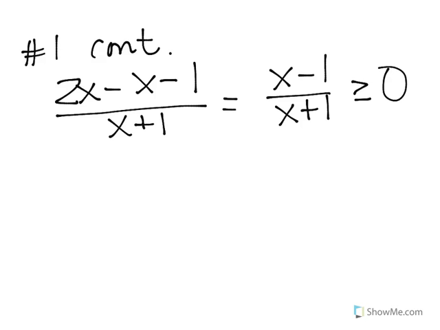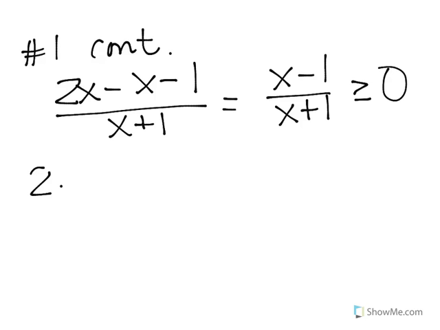Okay, so now that we have that, step number 2 is that we set the numerator and the denominator of f equal to 0. The real solutions of those will be our boundary points.